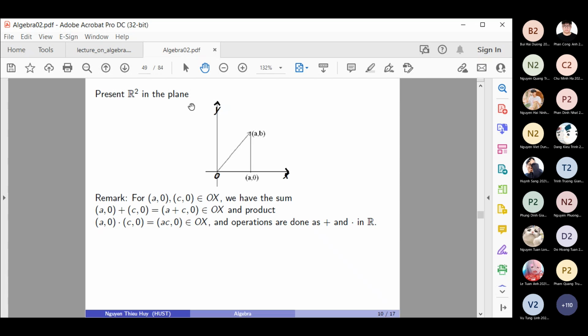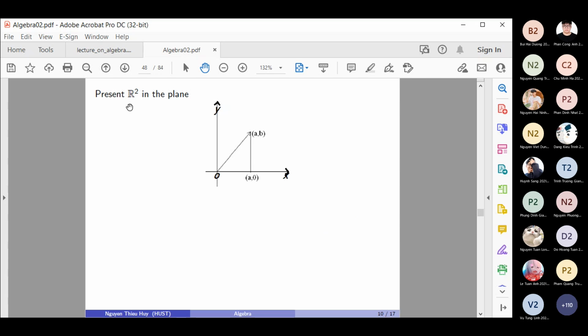So let's present R squared in this plane as x and y, as in seventh class. You already have this coordinate plane, you know? So every element of R squared can be represented as a point (A, B).